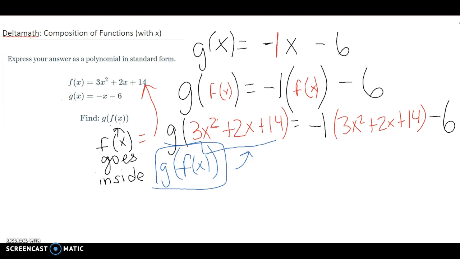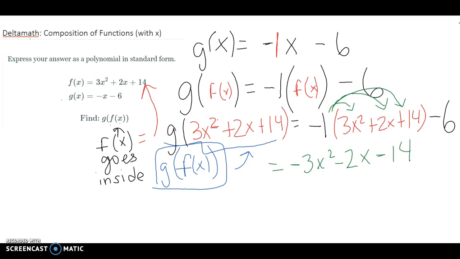So now, what we have to simplify is on this side. I'm going to distribute that negative into that one. That's going to give me negative 3x squared. And distribute the negative into my 2x, minus 2x. And distribute it into my 14, negative 14.